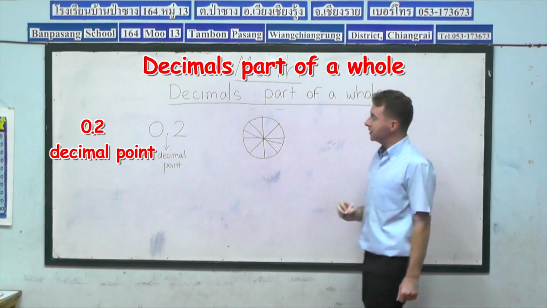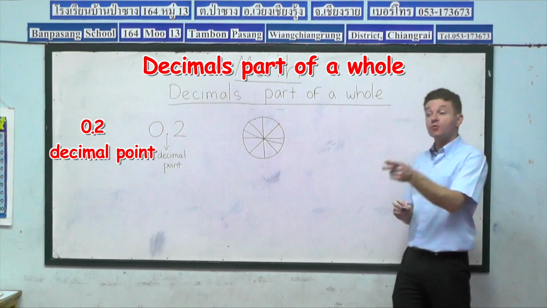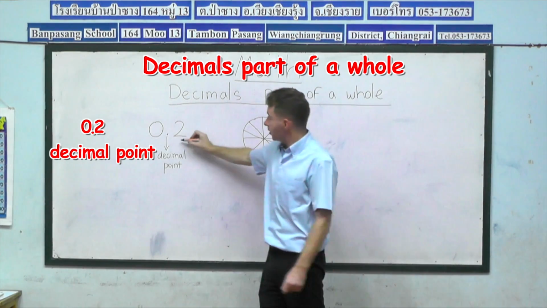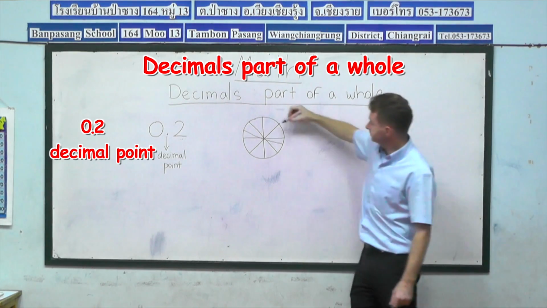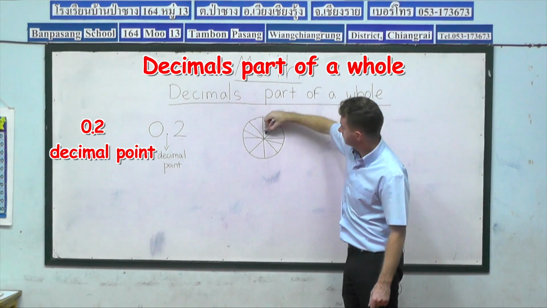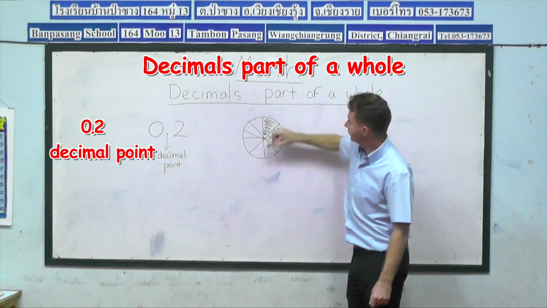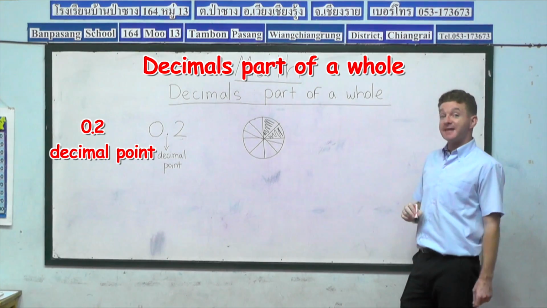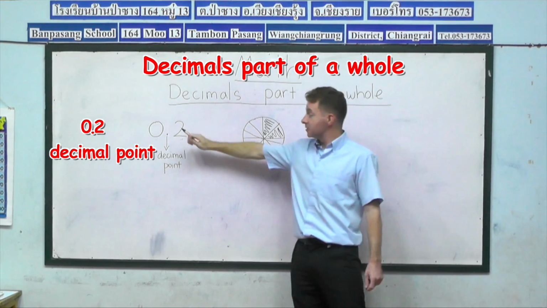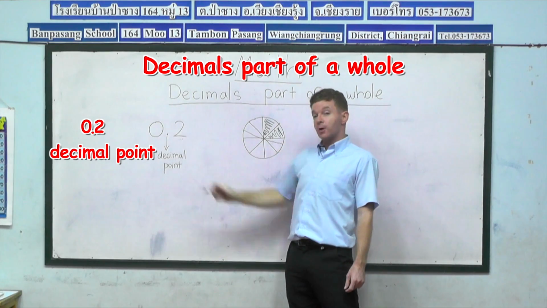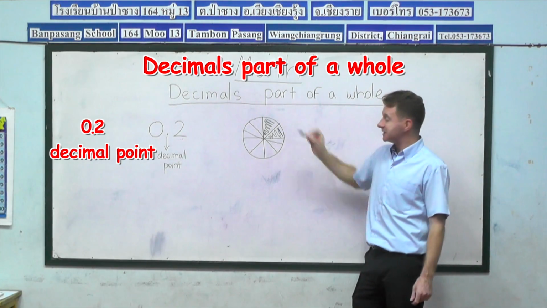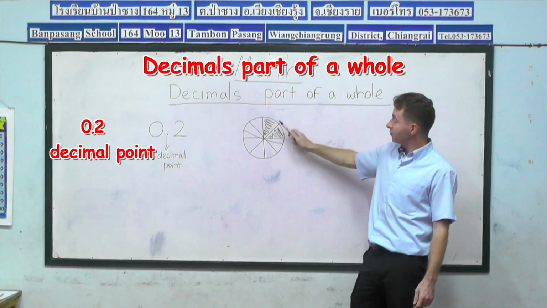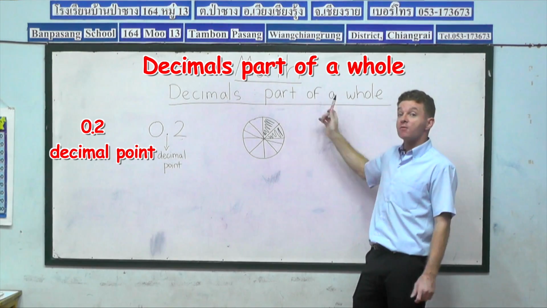And then, how many parts of our shape will we colour? 2 is correct, because the 2 is represented as the part of a whole. 1, 2. So you can see that the decimal is represented in the number 0.2, but it's also represented in our diagram as 0.2, because we have coloured 2 parts of a whole.